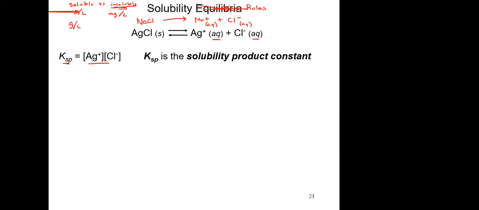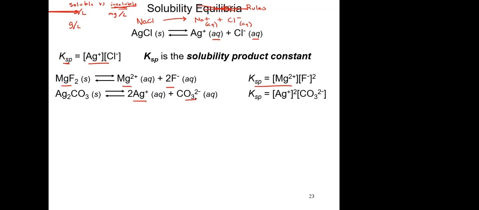So if you are asked to write the Ksp expression, you just follow what you have learned from your chapter 14. So if it's magnesium fluoride producing magnesium 2+ and fluoride ion, this is what you have. Ksp is equal to magnesium ion times fluoride squared. And then if you have silver carbonate, you have here 2 silver ion and a carbonate ion.